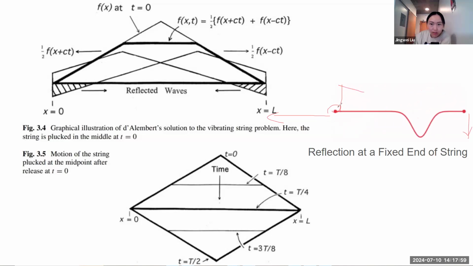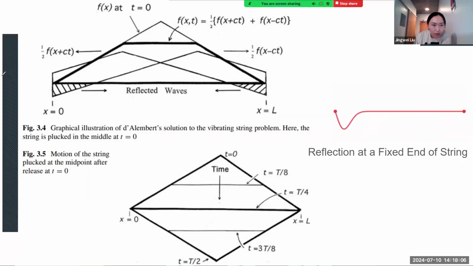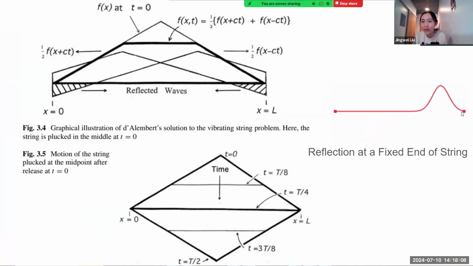There are some physical tools to describe this. We'll get to this later on. But for now, I just want you to have this basic image that when there are two fixed ends, the string movement will be like this. The wave will be reflected at the fixed end.